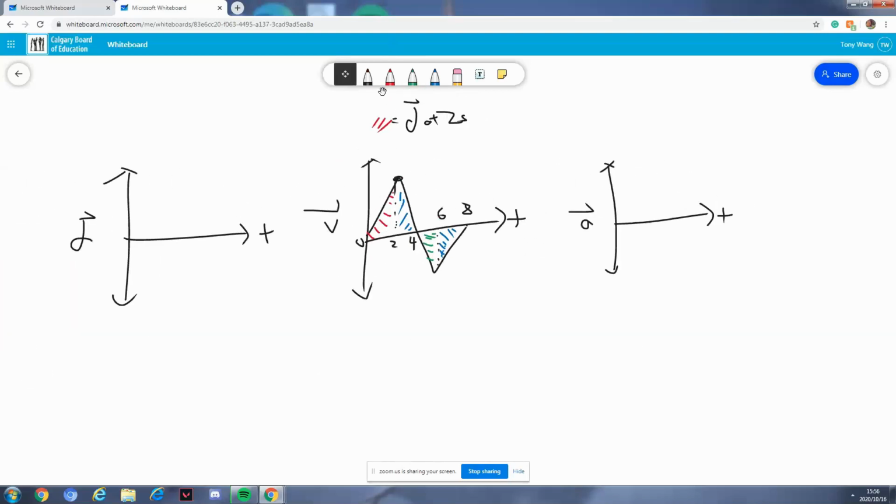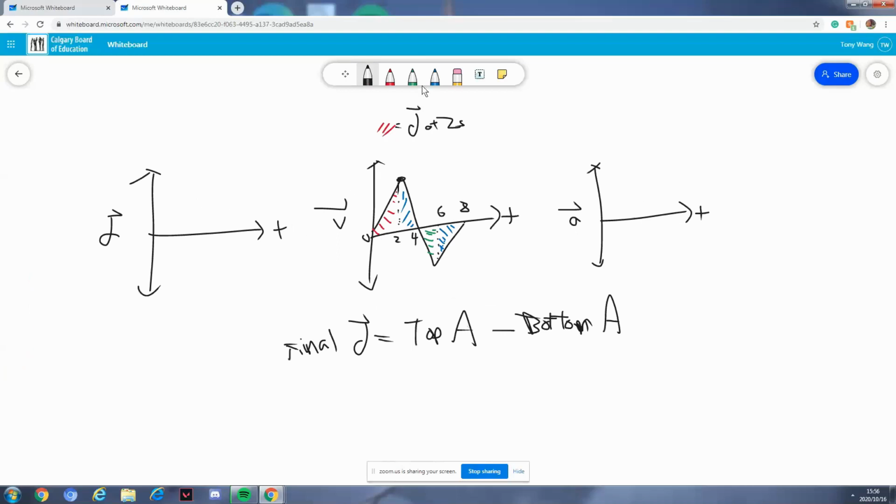Something to note, which I might ask a question about on tests, and they probably will, is that the final displacement is the top area minus the bottom area. So like I said, this is why we have to find individual points.